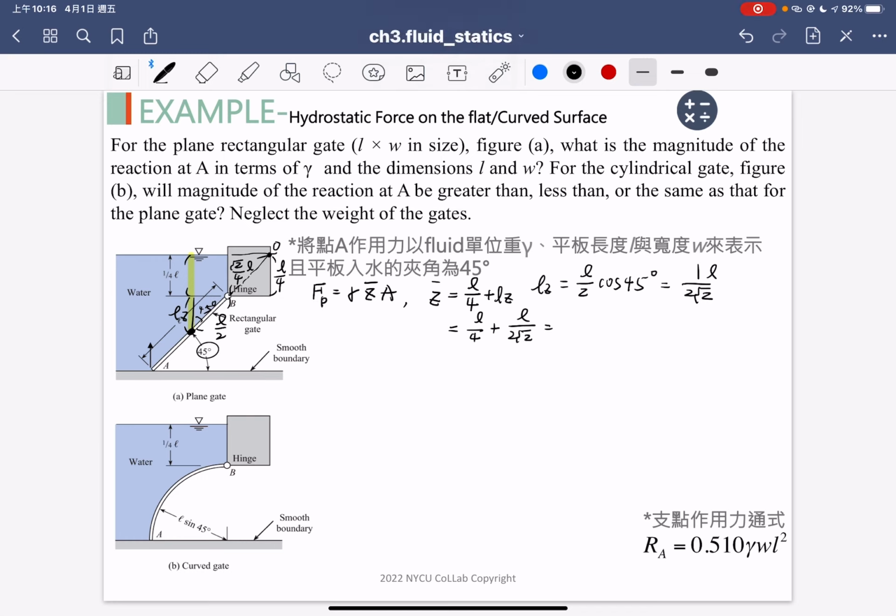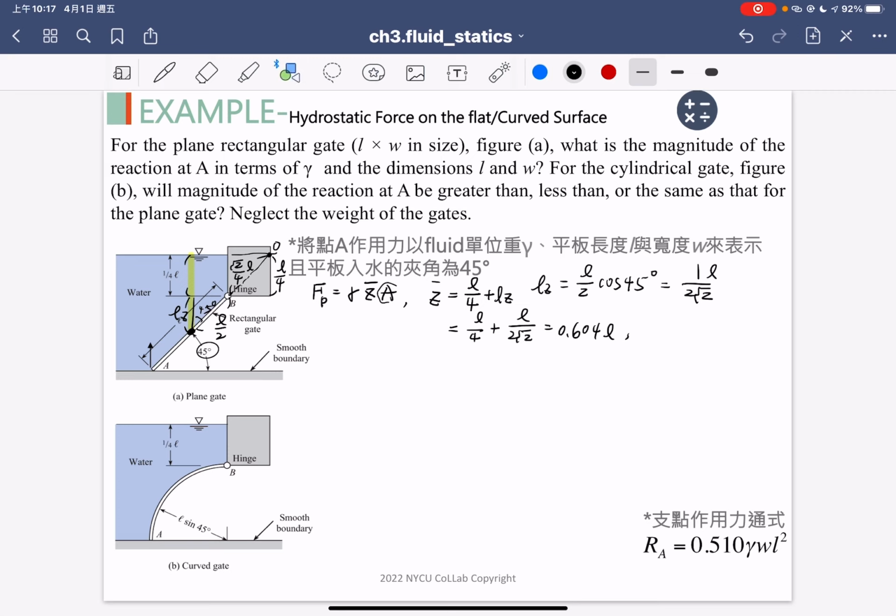I compute 2 multiplied by root 2, over 1, plus 1 divided by 4. This number is around 0.604 L. Okay, and then what is the area?